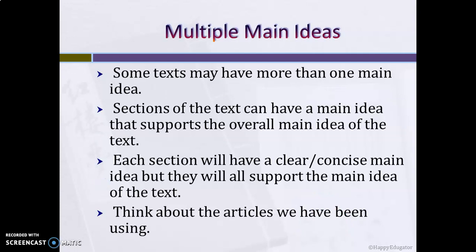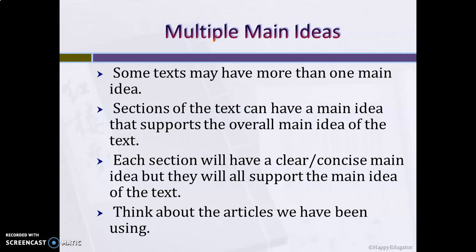So some texts may have more than one main idea. If you think about the articles we've been using, you're looking at articles with different sections and different headings. And we've been practicing using the strategy of finding those main ideas and then connecting them to the overall. So sections of a text can have their own main idea that supports the overall main idea of the text.